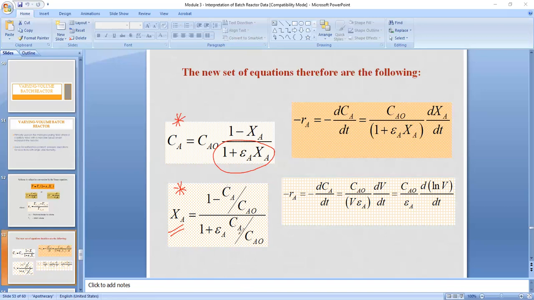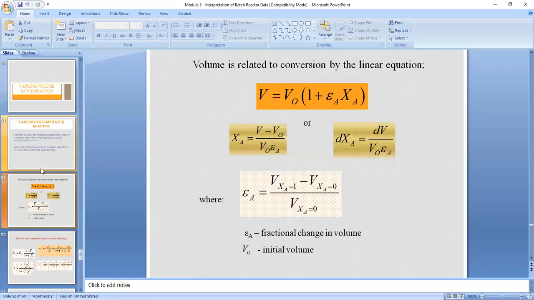How do you determine the epsilon A? But if the problem already gives you, okay, let me clear my marking here. If the problem already gives you the change in the volume, you can use this particular formula. Let's say, for example, the problem gives you the change in volume with respect to the initial volume, then you can use this particular formula in A. So you just choose which one is more applicable depending on the provided information.